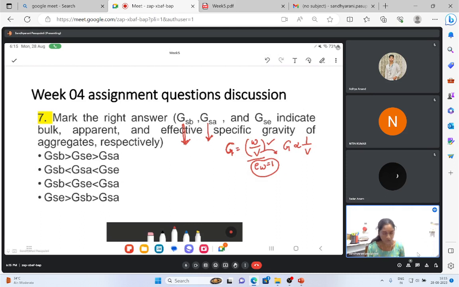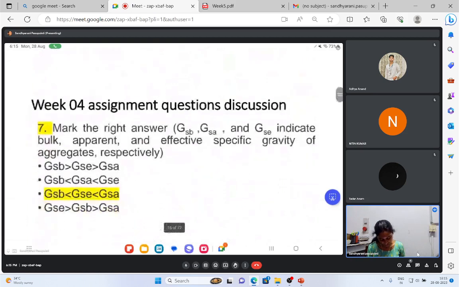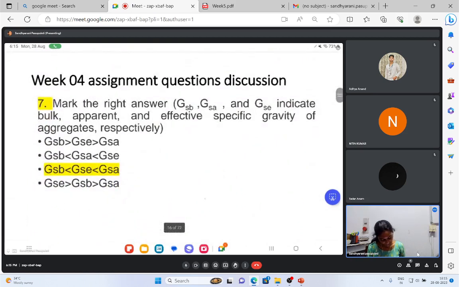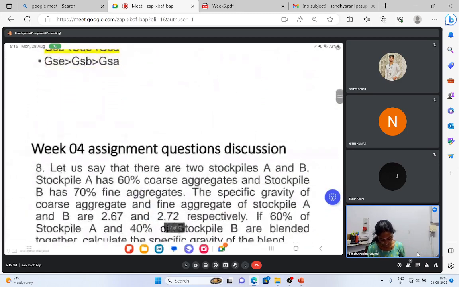The effective specific gravity is the aggregates that are not filled with bitumen plus the aggregates filled with water. Considering these volumes, we know that the apparent specific gravity is the largest, followed by the effective specific gravity and followed by the bulk specific gravity.